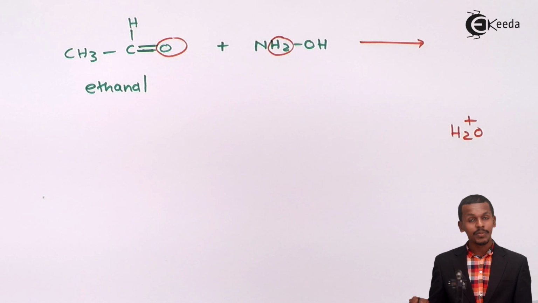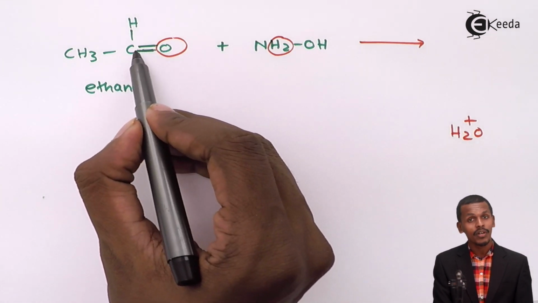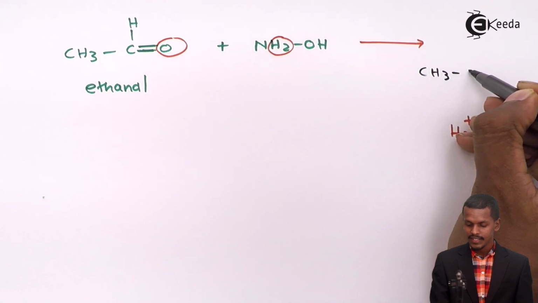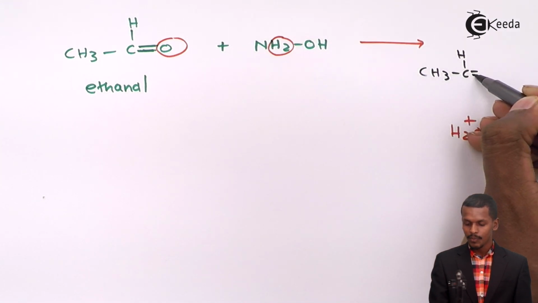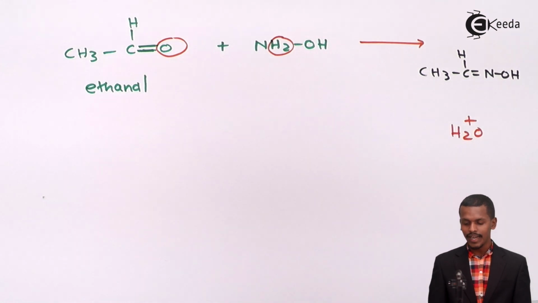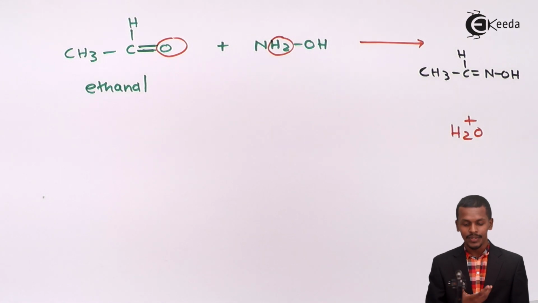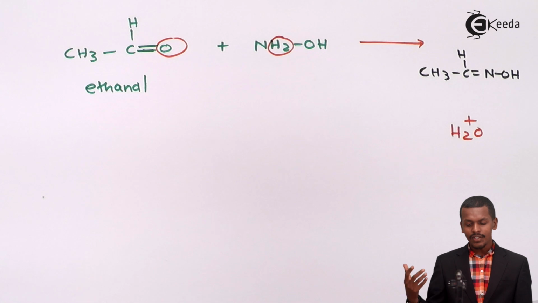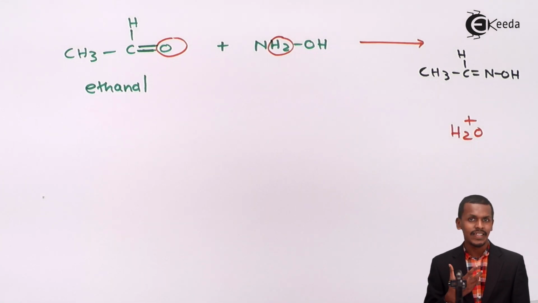And the rest of the thing that remains is, in this case the double bond remains as it is, so we get CH3CH=NOH. This is a kind of reaction that we call a condensation reaction. We can't call this reaction a substitution reaction.